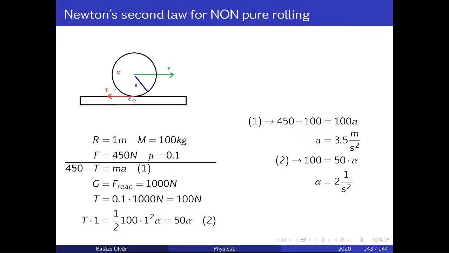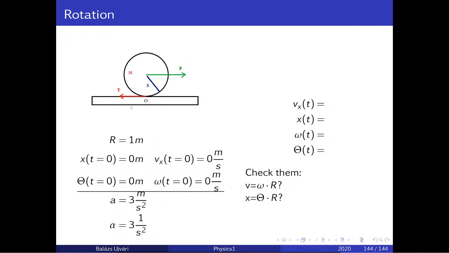If the friction is not enough for pure rolling, that's a tricky situation, because in this case the velocity and angular velocity are not connected by the R, but we have another 2 seminars to practice it.